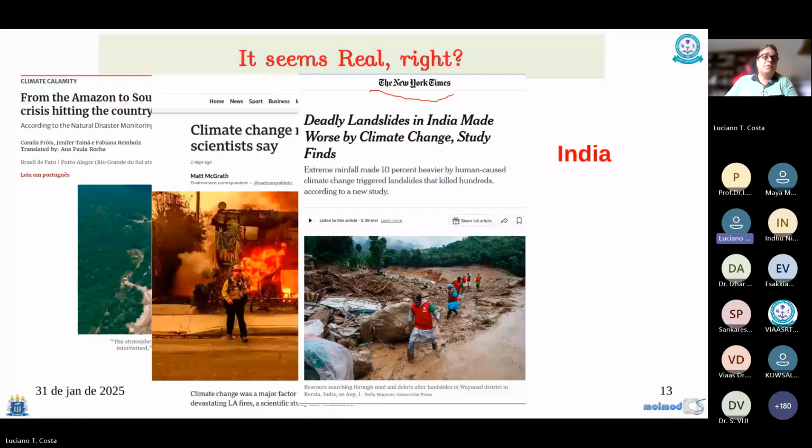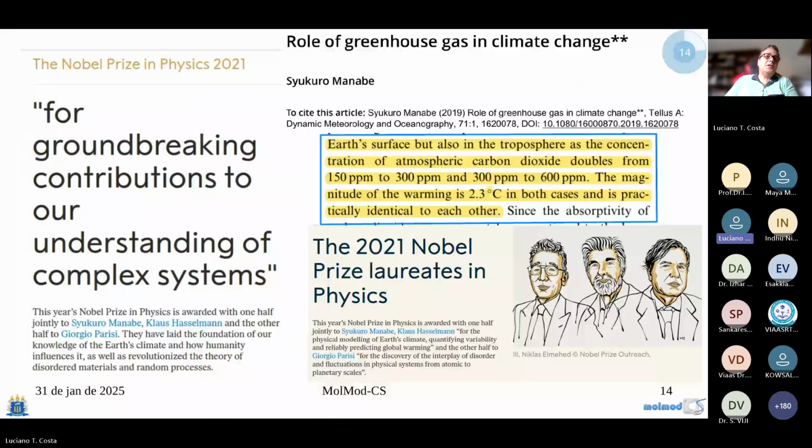And this was, for example, awarded in 2021, where the Nobel Prize in Physics was delivered to Syukuro Manabe, Klaus Hasselmann, and Giorgio Parisi, for their contributions to our understanding of complex systems.